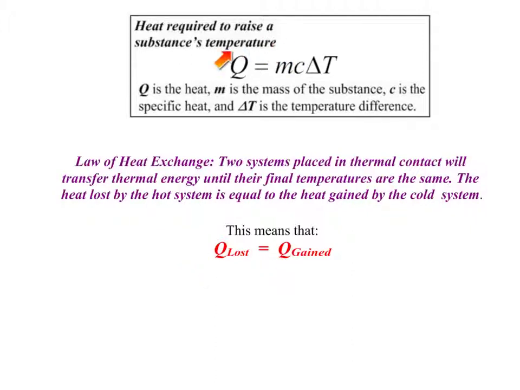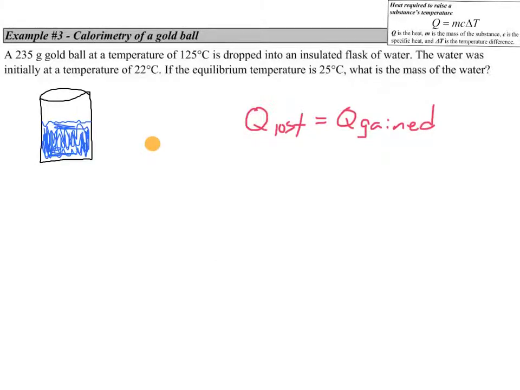So we can take this equation, and the mass, specific heat of one substance and the temperature change for that substance is going to be equal to the mass, specific heat, and temperature change of the other substance. Okay, so this is worth taking a look at a basic example of calorimetry.